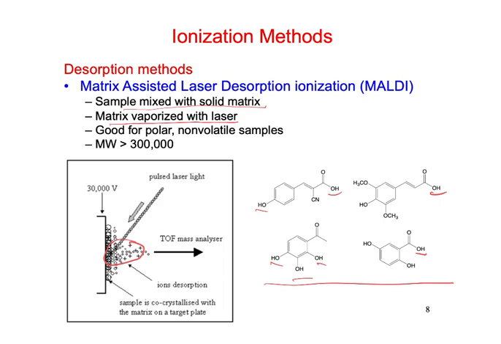So this is good for polar, non-volatile samples, and actually they're very good. They oftentimes use this for proteins, so up over 300,000 molecular weight. Did you find a molecular formula of the proteins, or just the structures based on the fragmentation patterns? Well, I think oftentimes they're just going for the molecular weight. You get very high molecular weights, and sometimes it's hard to get a very high resolution.